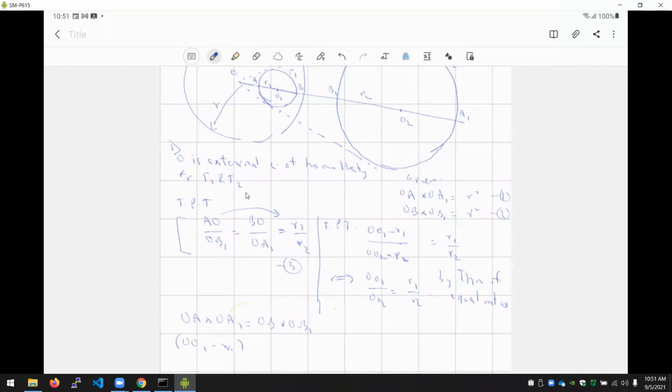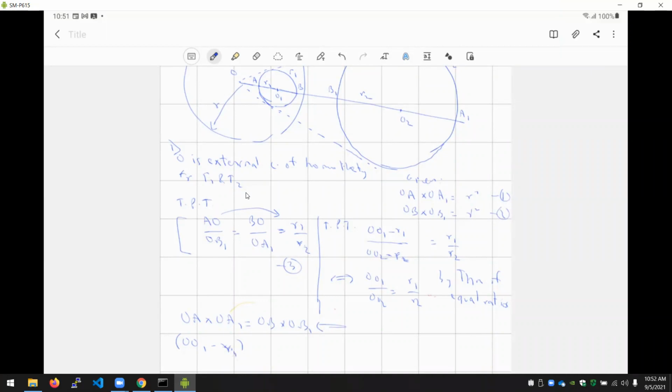If we cross multiply, R1R2 will get cancelled on both sides and we will remain with OO1 R2 equal to OO2 R1, then OO1 upon OO2 will be R1 upon R2. By simplifying, we get the required answer. Okay, so if I continue to simplify this, I get the desired thing. That's what you're saying. Yes, sir.